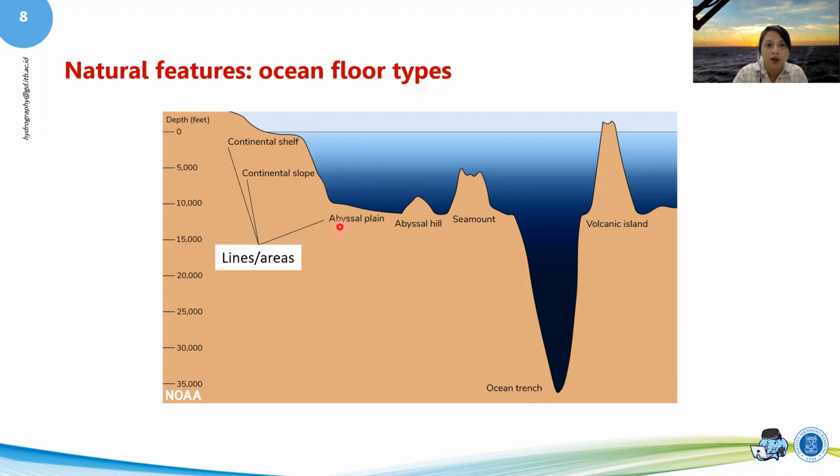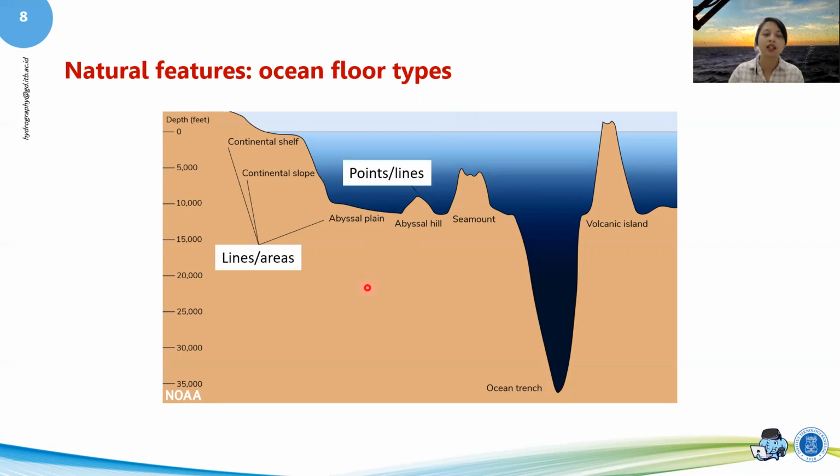And when your continental slope ends, you also want to know them in terms of lines or area. And your abyssal plain as well. So you either want to say this area is abyssal plain, or you want to define where your abyssal plain starts and ends. If you think about it in 3D, it would be a continuous line instead of only points.